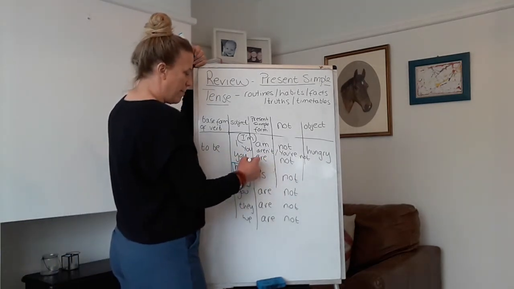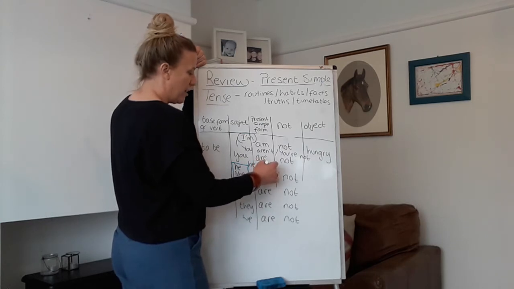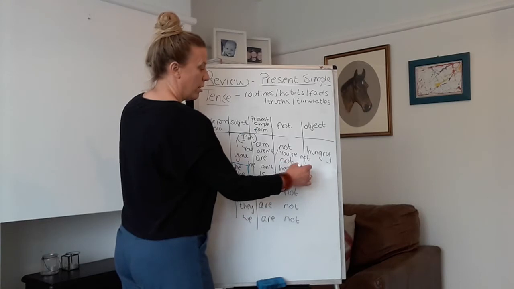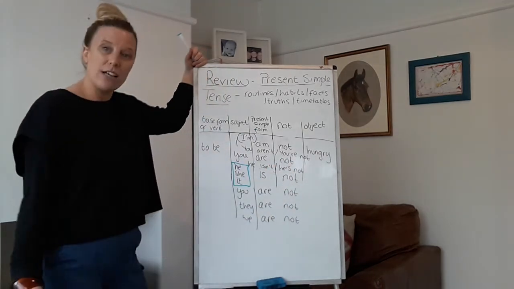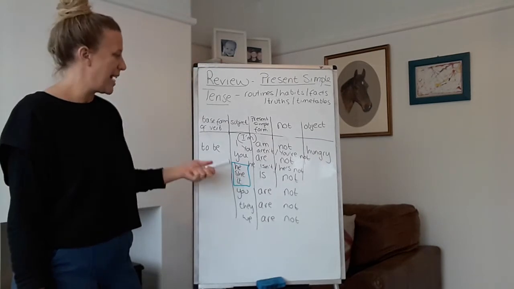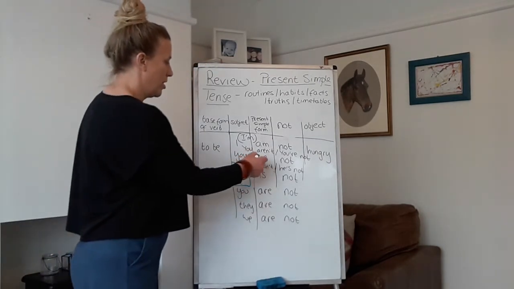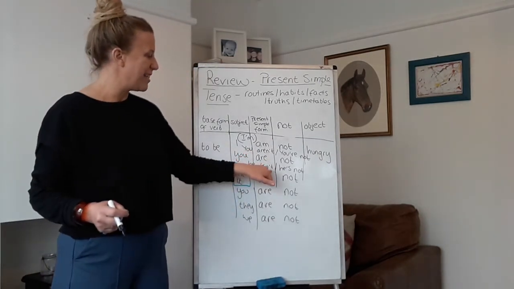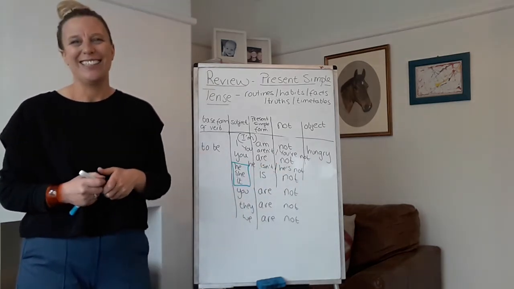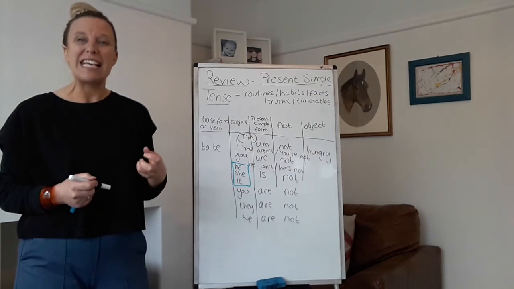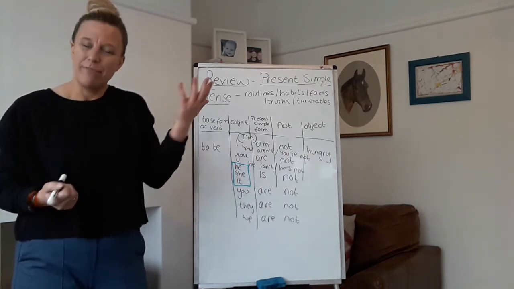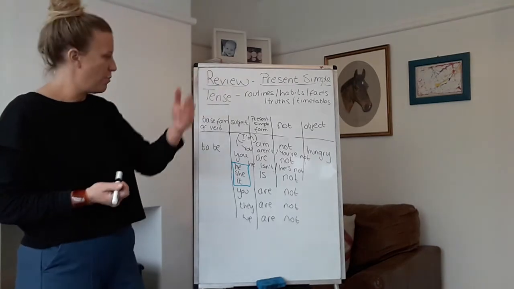He is not becomes he isn't hungry, or he's not hungry. Again, both can be used. She isn't, she's not. He isn't, he's not. So we're either contracting the is and the not, or the he and the is. Both are correct. You choose which one you want to use.